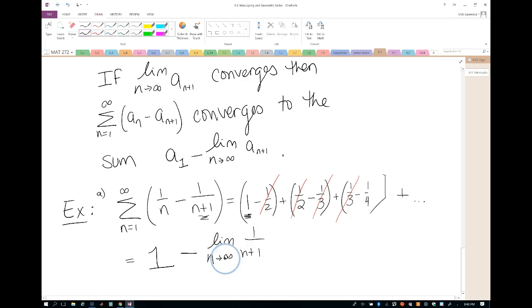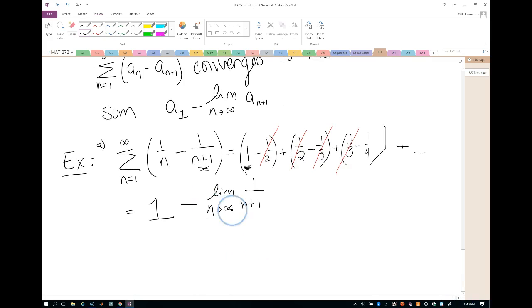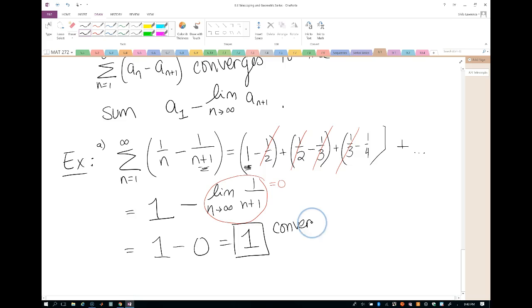So in this fraction, as you plug larger and larger values in for the n, our denominator keeps getting larger and larger, and the overall value of the fraction gets smaller and smaller and goes to 0. So this limit here equals 0. That means our series converges to 1.